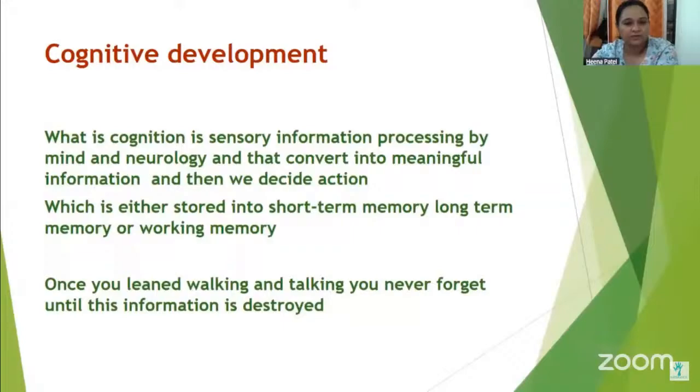Once you learn walking and talking, you never forget until this information is destroyed. In the same way, when our experience is stored in a negative form, it destroys our forces. So we need to work on it for better cognitive development.